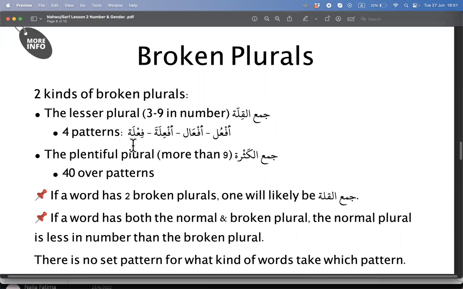That's why Allah used the word fityah, because it's between three to nine. So when you see all these patterns, it is a lesser plural, between three to nine.